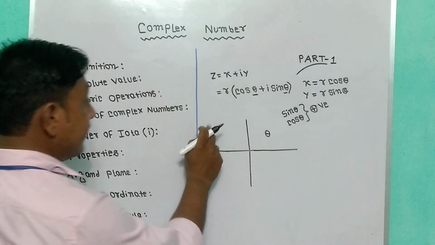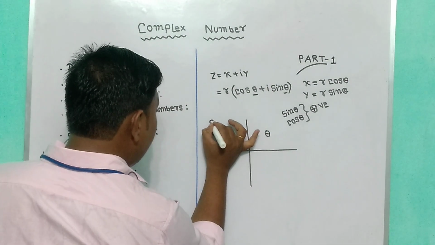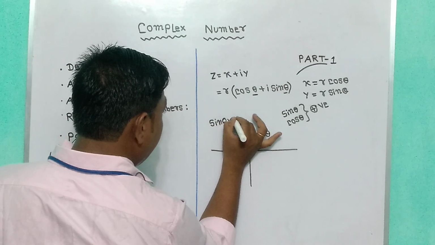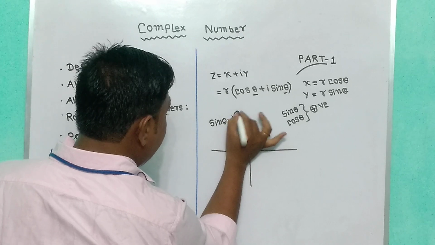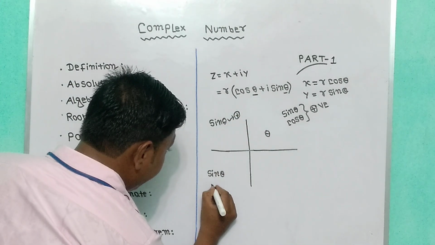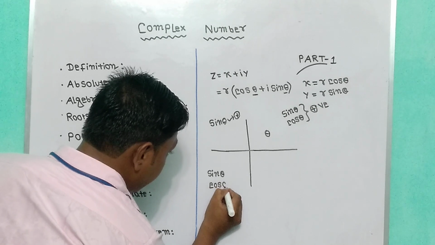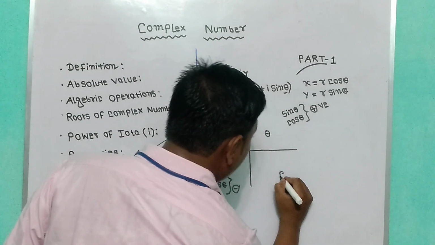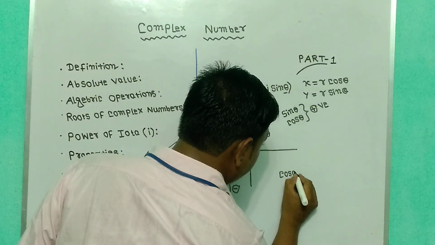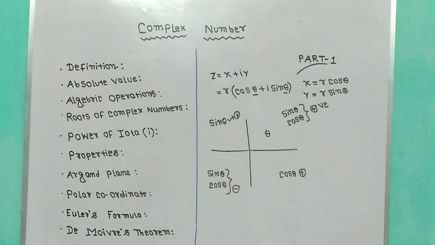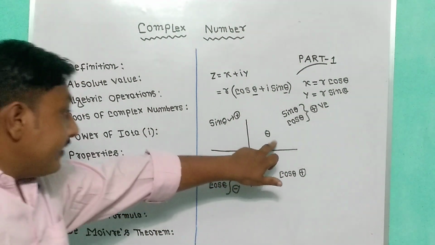Here in this quadrant only sin theta is positive, and here sin theta and cos theta both are negative, and here only cos theta is positive. So I am telling here theta.